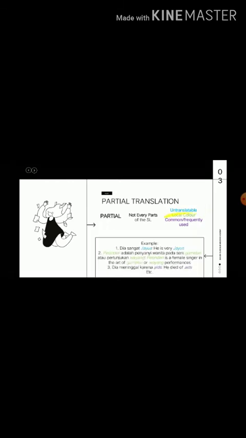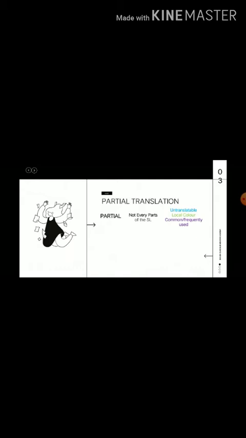Next, local color, bahasa lokal. We cannot translate local color into another language, such as pesinden, gamelan, wayang, and so on.